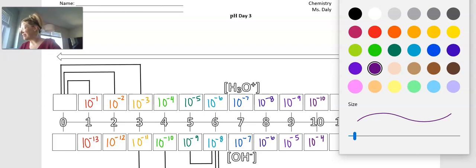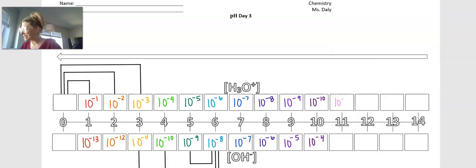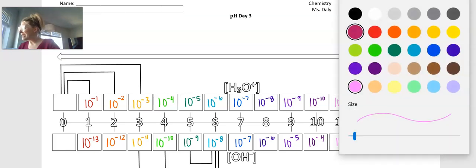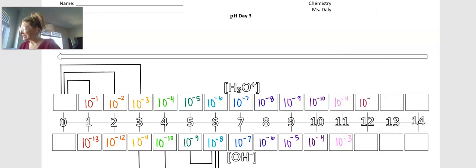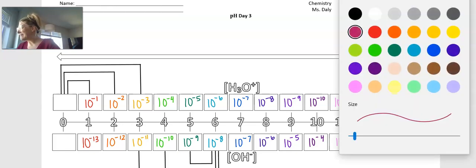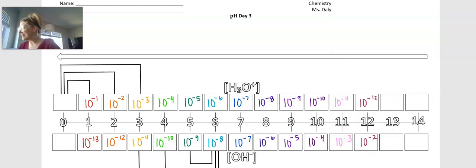I'm just going to keep writing these here. We have 10 to the negative 11, 10 to the negative 3. Then 10 to the negative 12, 10 to the negative 2, and 10 to the negative 13 and 10 to the negative 1.